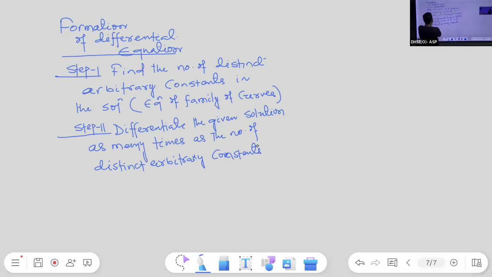Differentiate the given solution as many times as the number of distinct arbitrary constants.